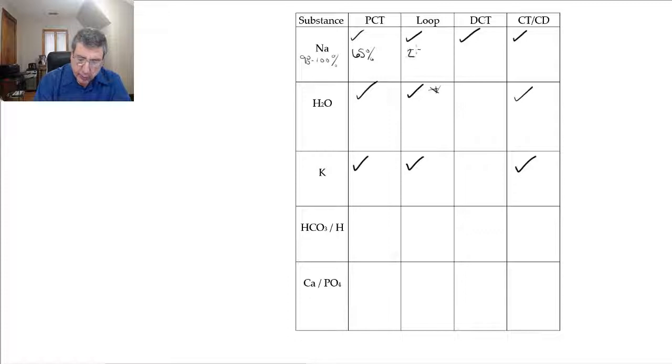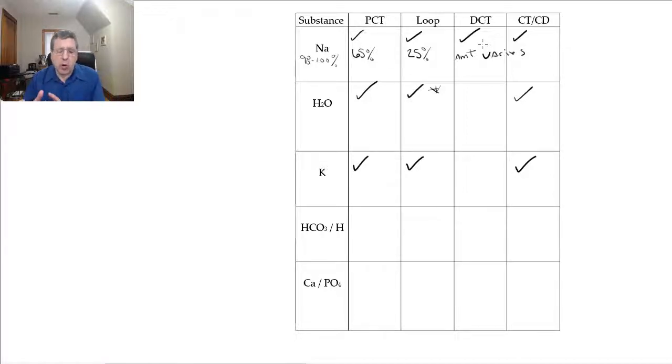The loop is 25%. That leaves the distal convoluted tubule, collecting tubule, and duct as a variable area, and it varies based on hormones. Let me just write amount varies on this one, and that covers both of those areas.